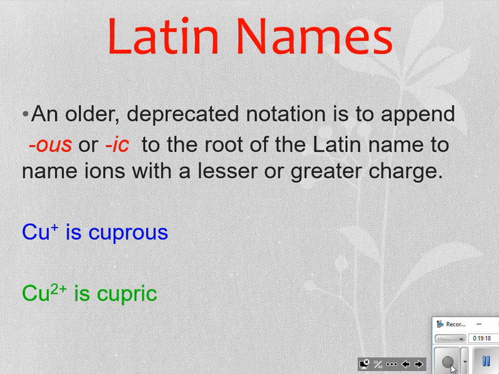Iron +3. What would stannous be? Stannous would be tin 2. We don't use them often, but you will see them. So you have to be aware of these Latin names.